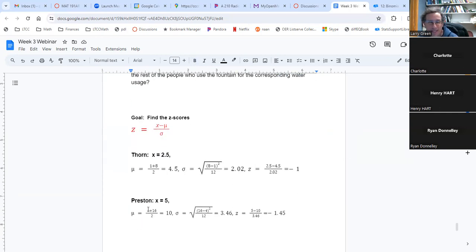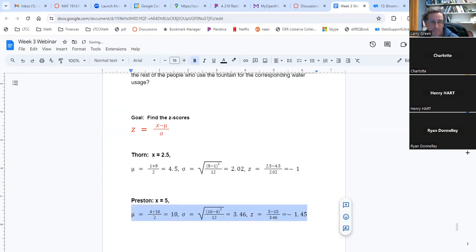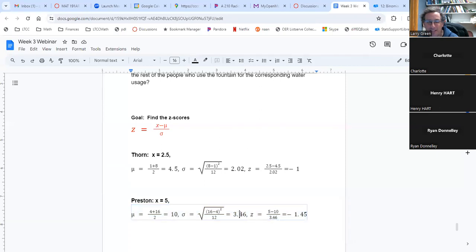So for Preston's mean, I'm going to take 4 plus 16, divide that by 2. 4 plus 16 is 20. Hopefully you can do 20 divided by 2 without a calculator. That's 10. The standard deviation is the square root of (16 minus 4) squared over 12. That was the formula, and I put that in my calculator. You don't want to do that one in your head. And I got 3.46 for the standard deviation.